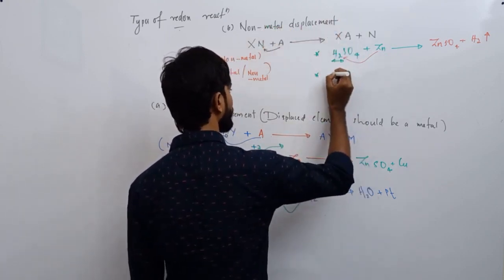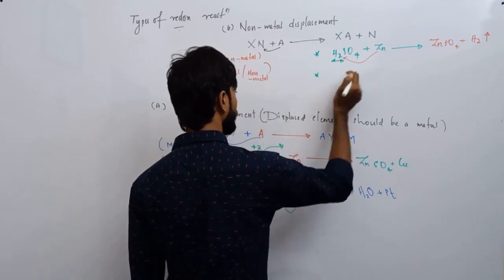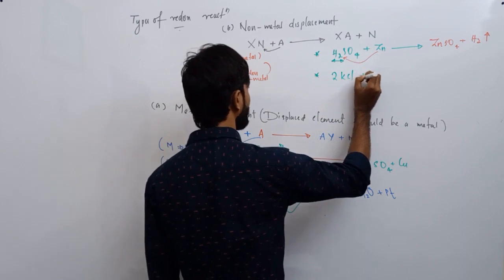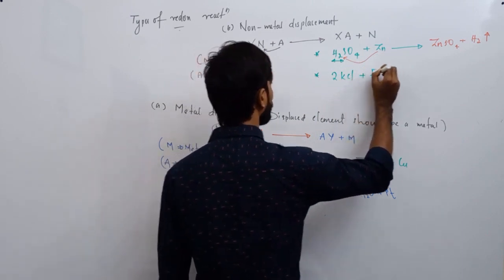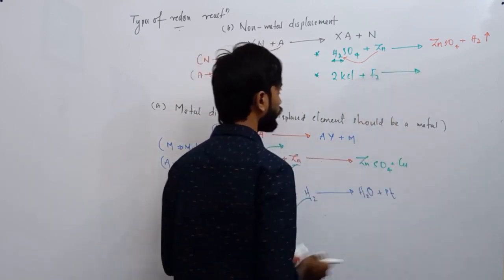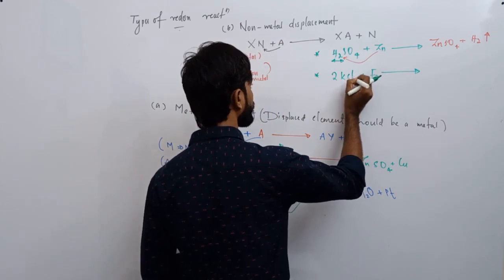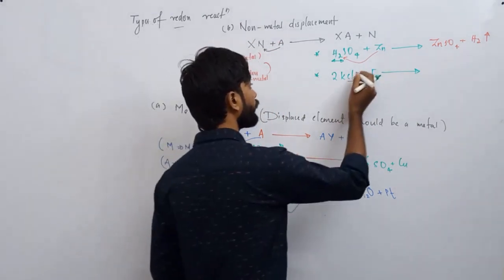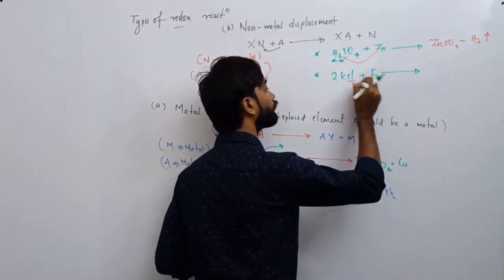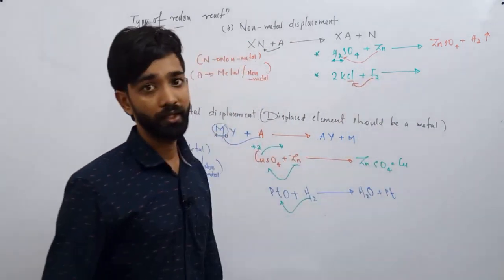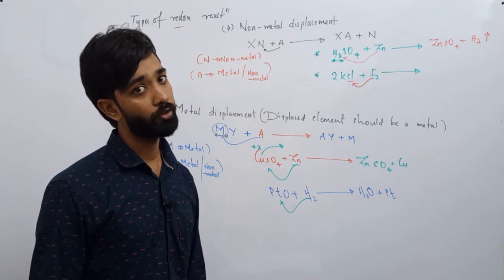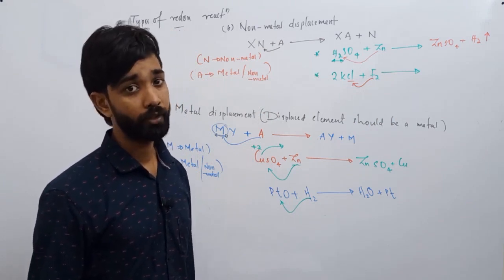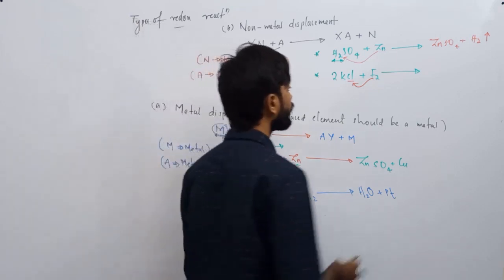Oh, we can show another example. Listen. We have 2KCl and simply I'm adding fluorine to it. Here electron is gained by chlorine, but in front of fluorine, fluorine will gain electron because fluorine has greater oxidizing tendency, or electron gaining tendency, than chlorine.